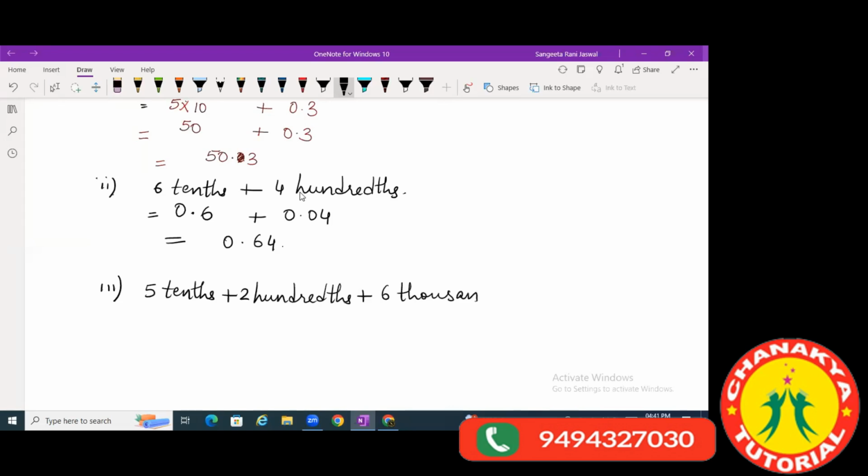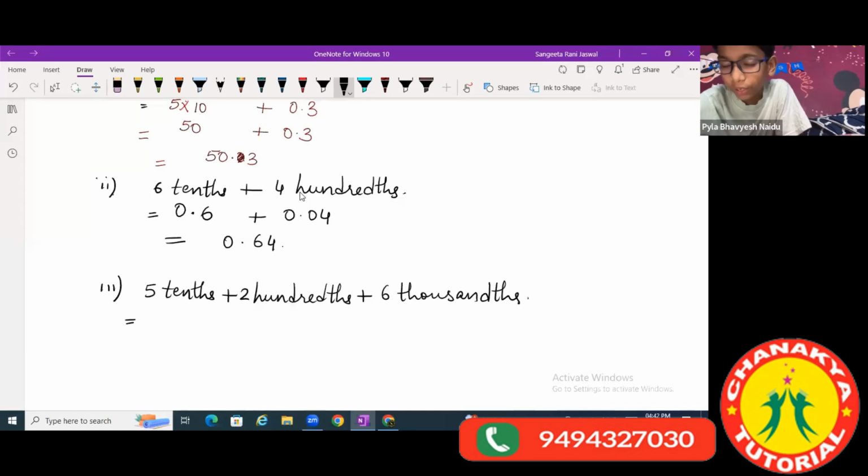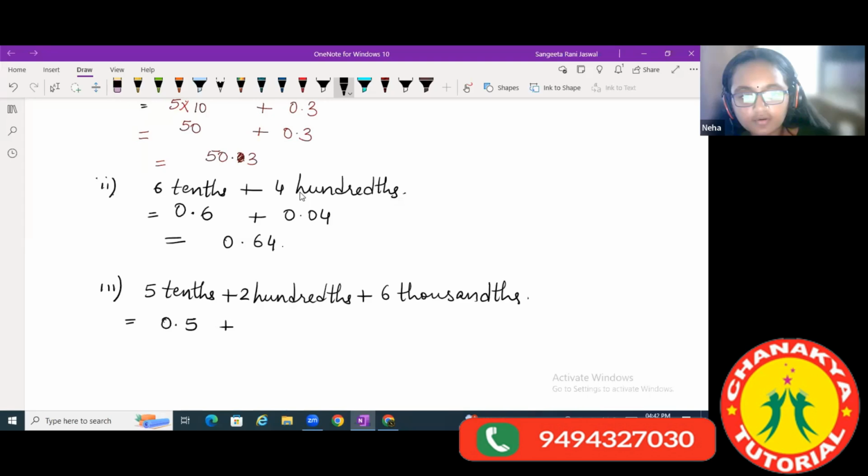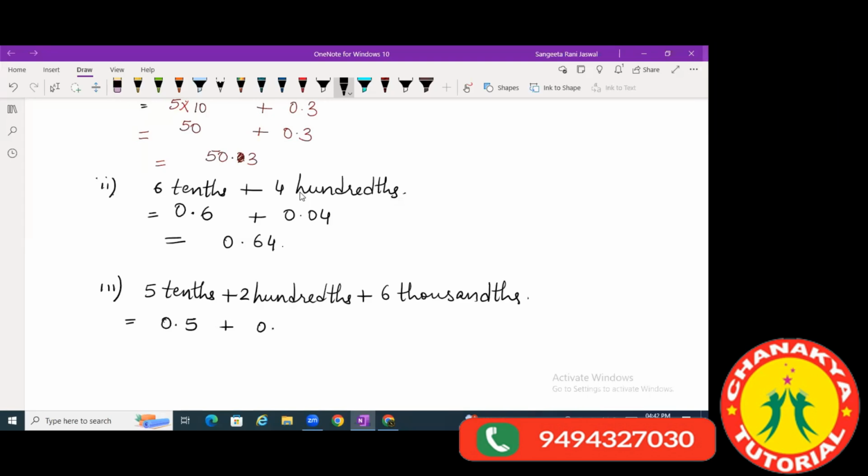I will ask each one. Yes, Bhavesh, tell me 5 tens. Ma'am, 5 tens is 0.5. 0.5. Neha, what is 200s? 200s is 0.02. Very good. Okay, Adya, what is 6,000s?